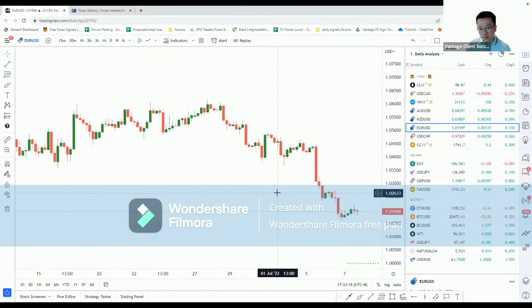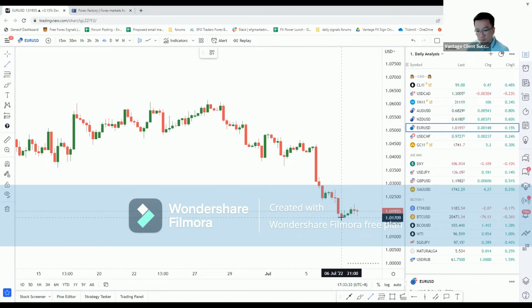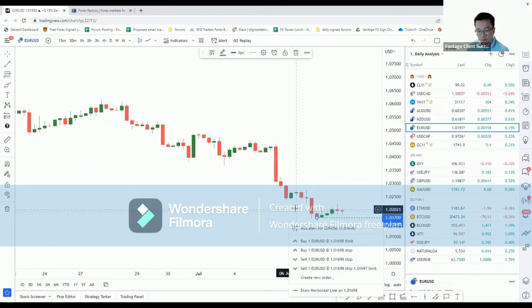The safest way to approach this will be for it to break interim support levels before looking for any potential downside. What I mean by interim support levels here will be for it to go past the recent low. So currently the recent low is 1.0170. Right? So I'll put that right across.